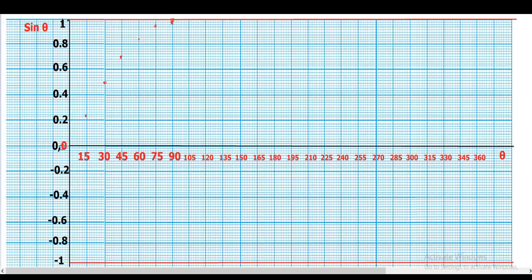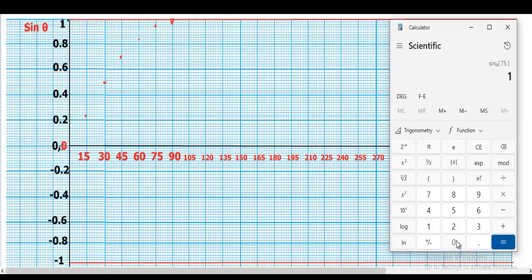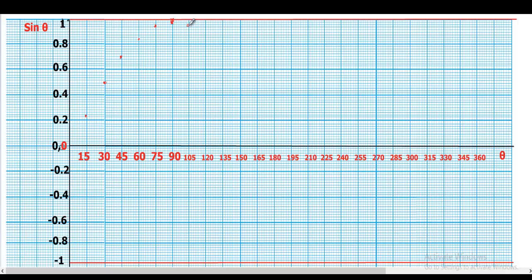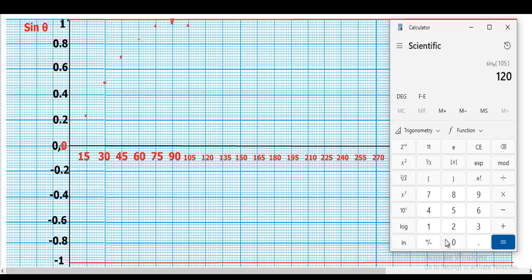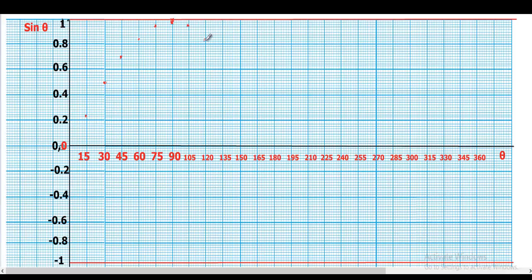Then follow sine 105, which will be 0.96 at the same plane, it would be here. Sine 120 would be 0.86 approximately here.